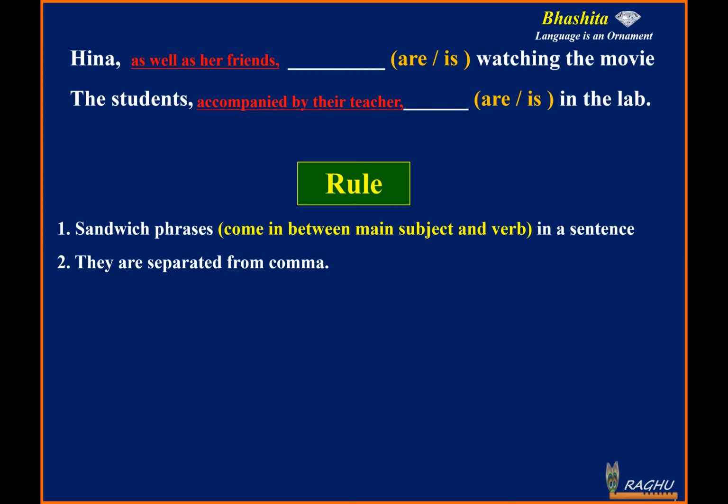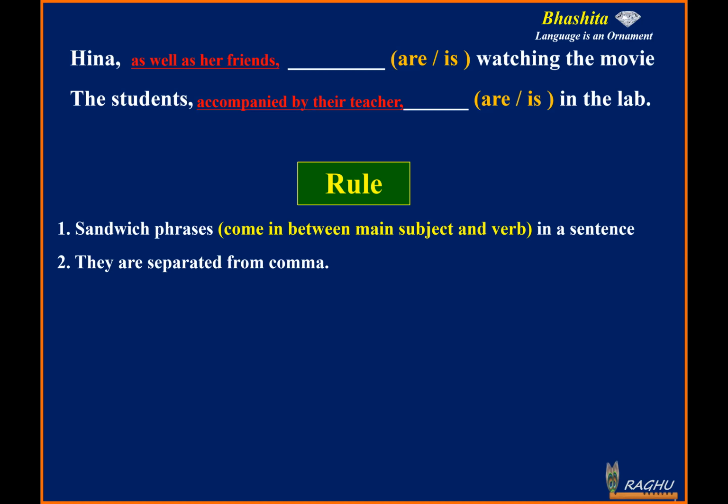What are the sandwich phrases we could identify in the given two sentences here? Observe carefully, they are in red color: as well as her friends, accompanied by their teacher. Both these sandwich phrases are separated with commas, and they come in between the main subject and the verb. In the first sentence, what is the main subject?